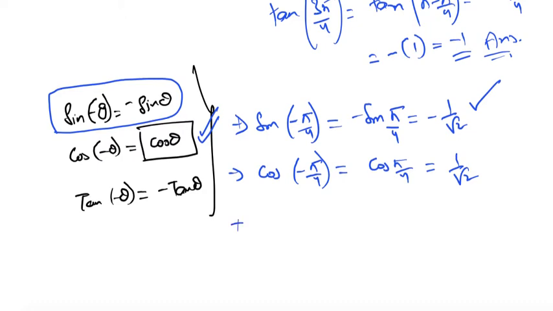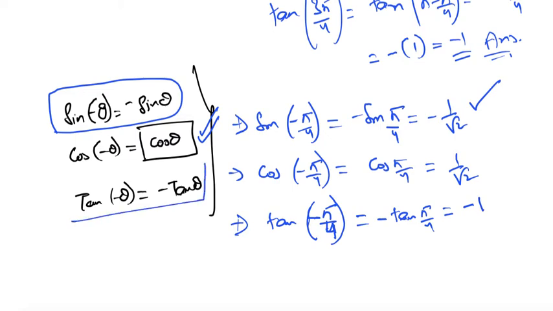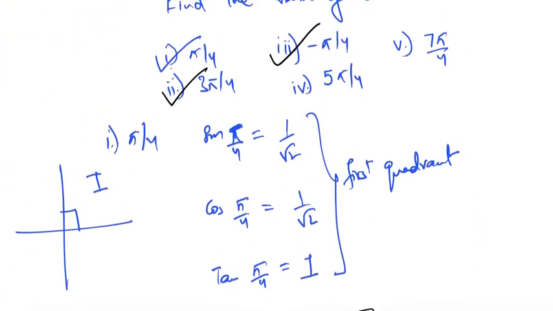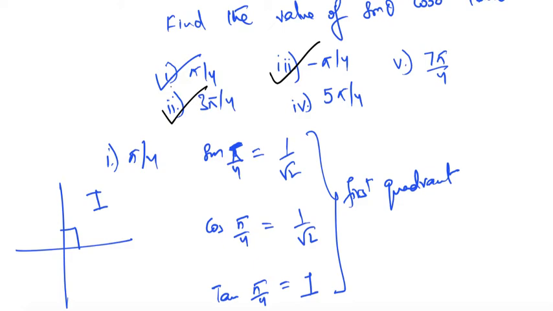Now, tan minus pi by 4 will be minus tan pi by 4, which will be minus 1 using this identity. Okay, so we understood till minus pi by 4.